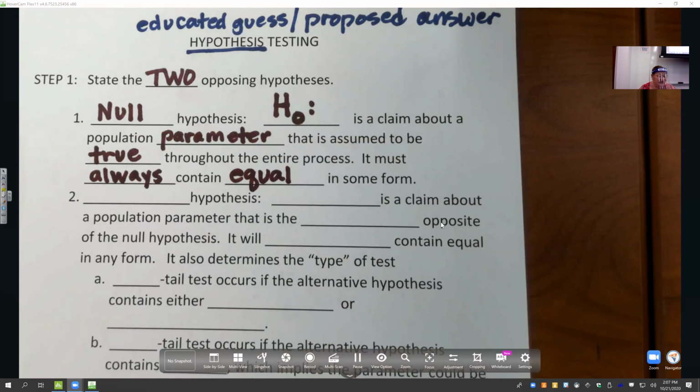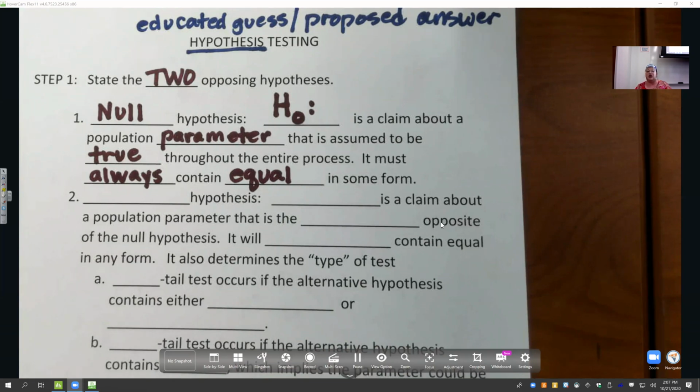Okay, a couple of things there in that statement. Our hypothesis is always related to a population parameter. Remember, the population is our big picture. So our hypothesis is related to a measurement associated with the population.